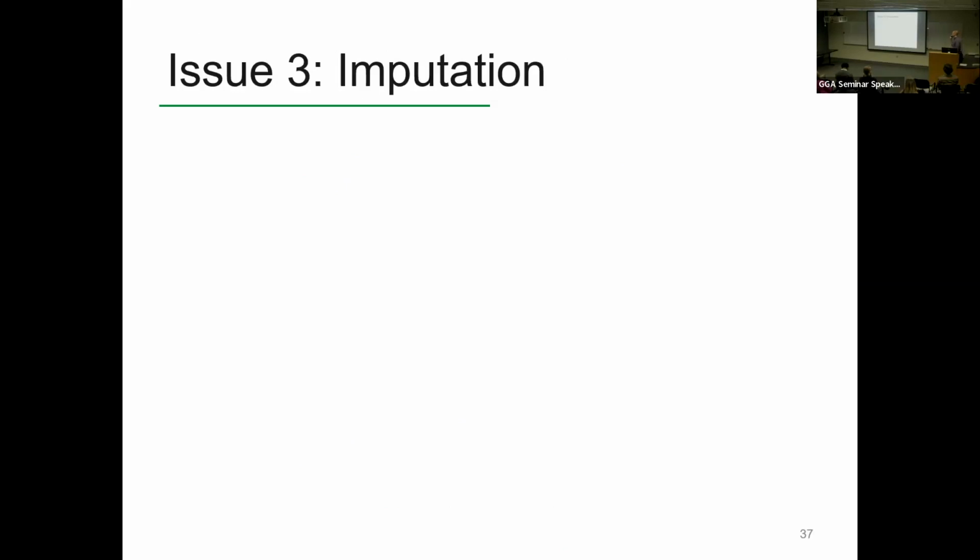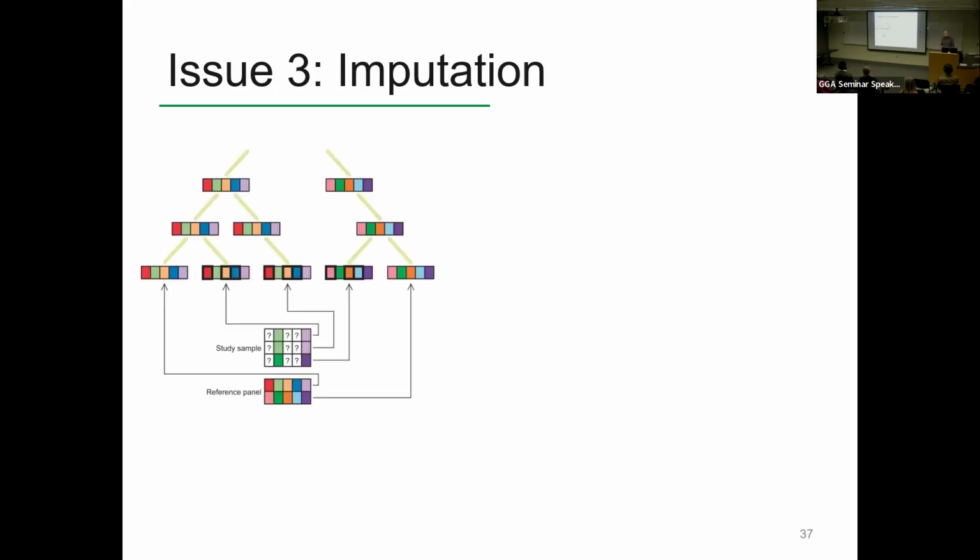This third issue is genotype imputation. In genotype imputation, we have a sample we might care to do a GWAS in, for example. We only type a subset of the variants, and then we fill in the rest of them according to the haplotypes that we think the typed variants fall on.